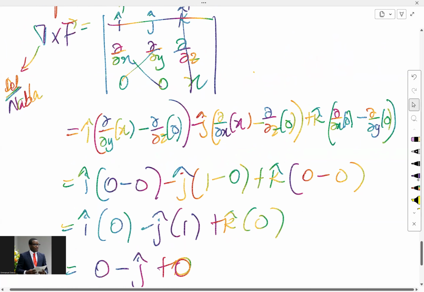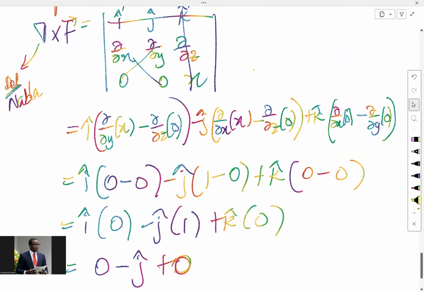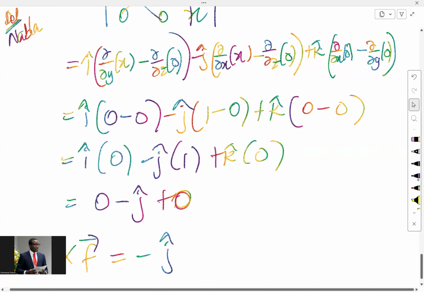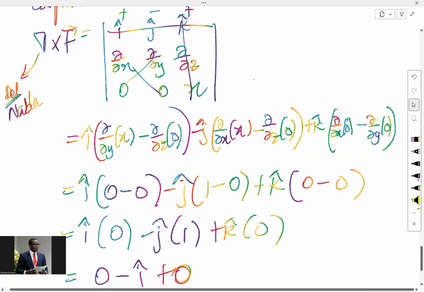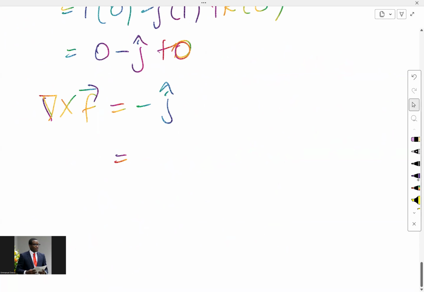Okay, so this is just in the direction of j. So that means we have 0, -1, 0. That's what that is. So that's what we have.